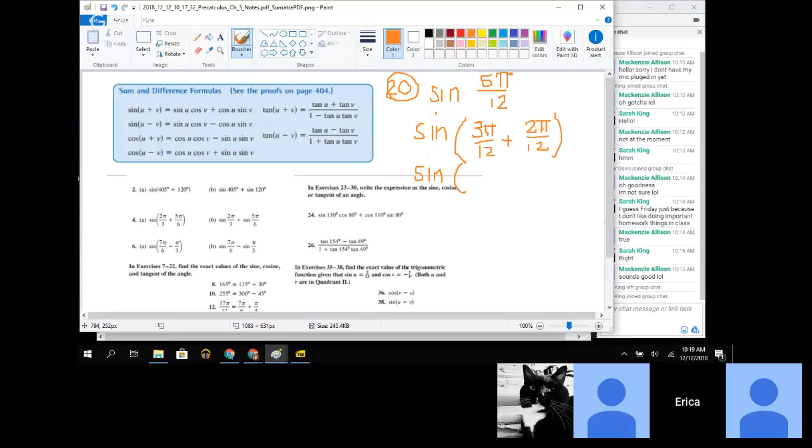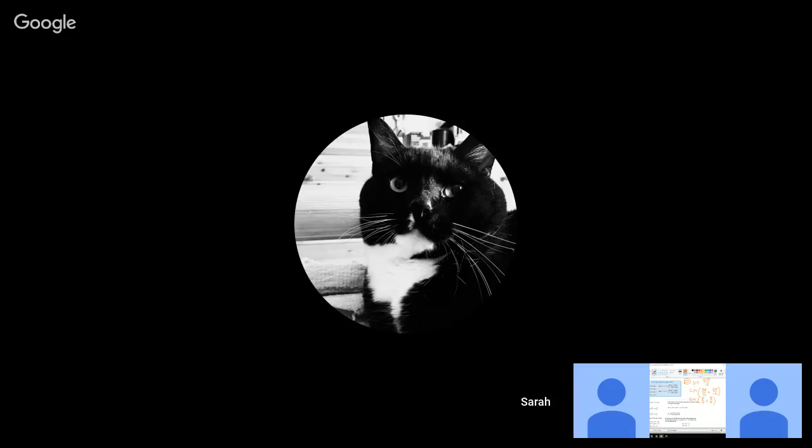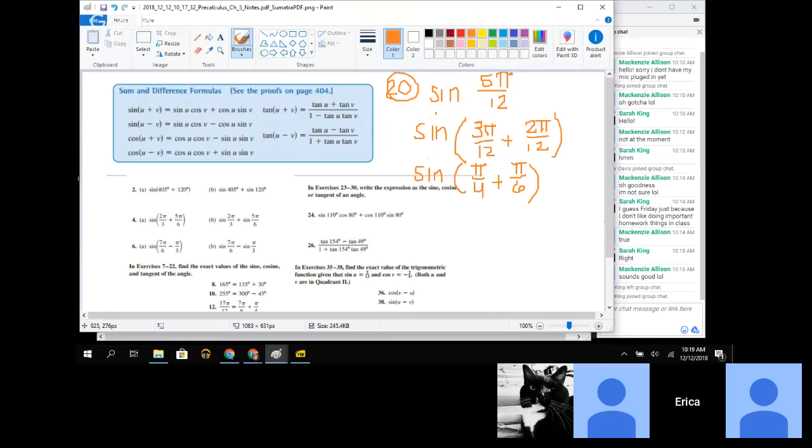Yes, pi over 6 is at 30 degrees and pi over 4 is at 45 degrees. Added together, 5 pi over 12 is at 75 degrees.